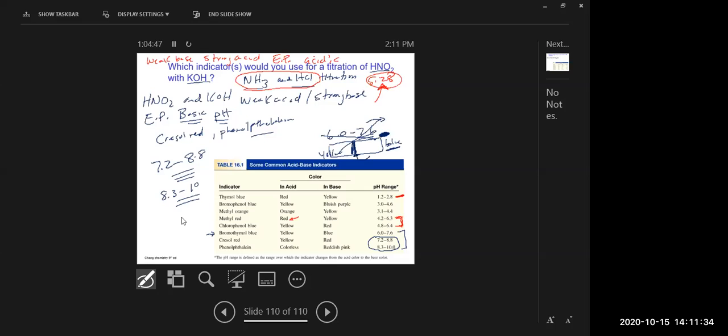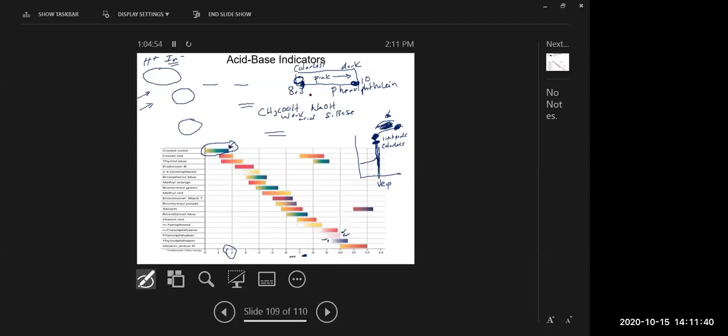Let me see if I can find a page I can scribble on. Let's just say, for example, one of your salts was NH4 plus, and it's going to go through a hydrolysis reaction, right?